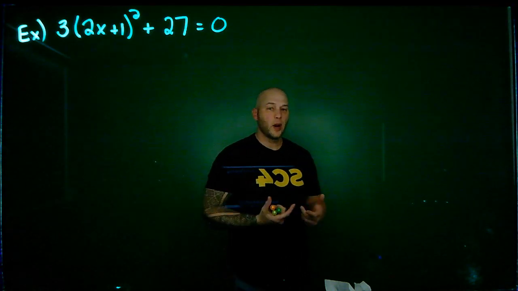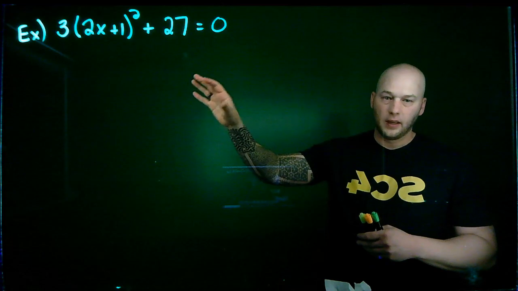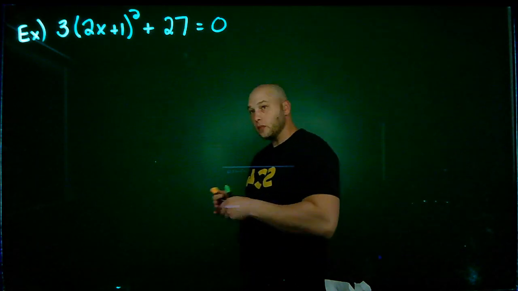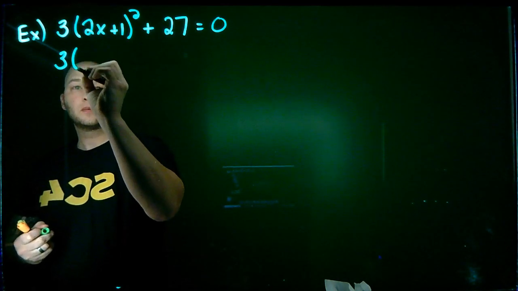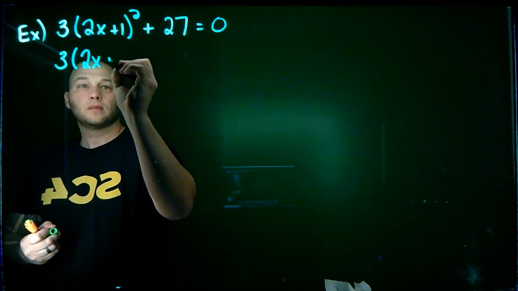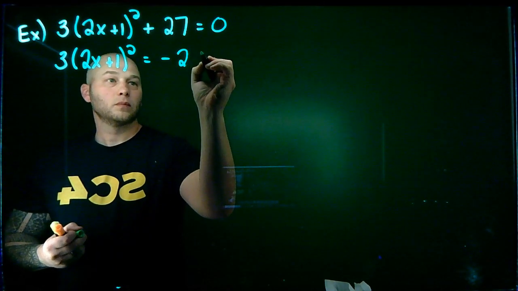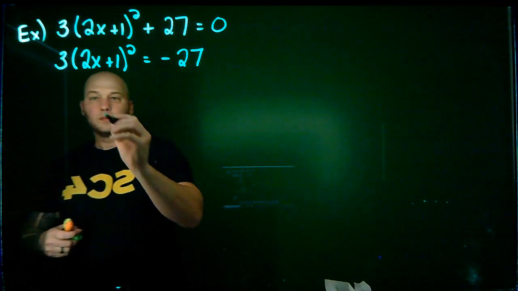Again, to use the square root property, I have to have the squared term isolated equals a constant. Okay? Subtract 27 from both sides. All right. Divide by 3.